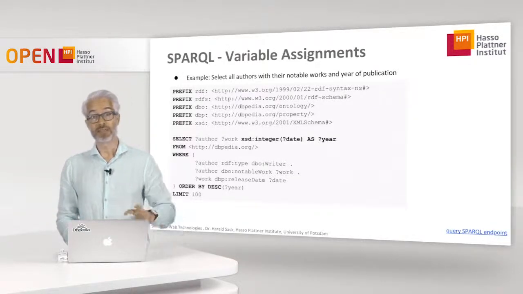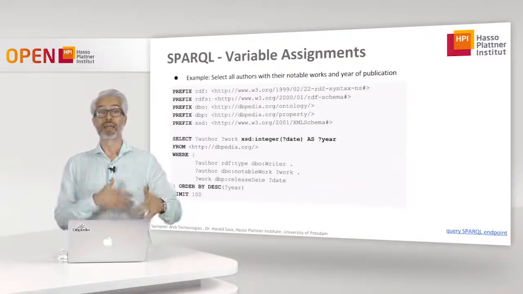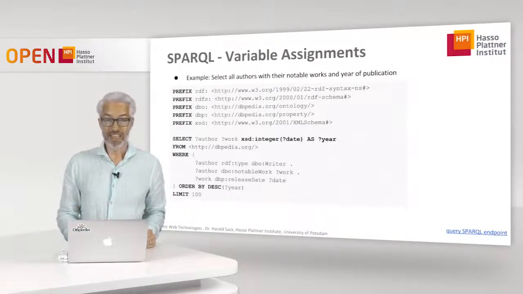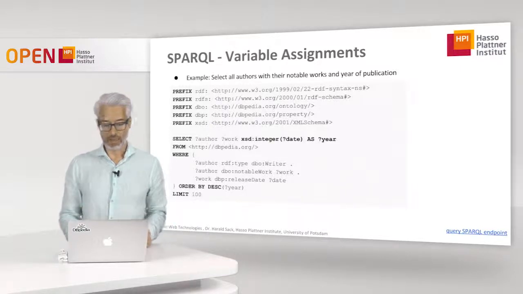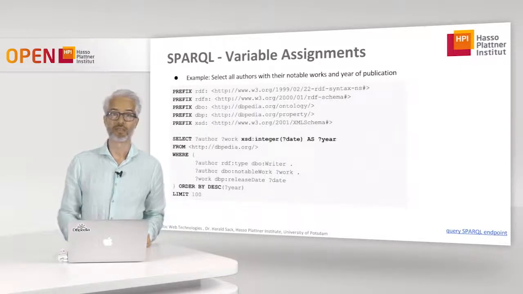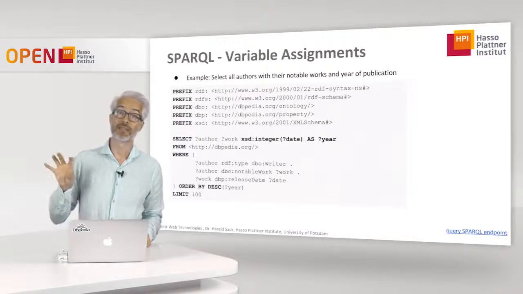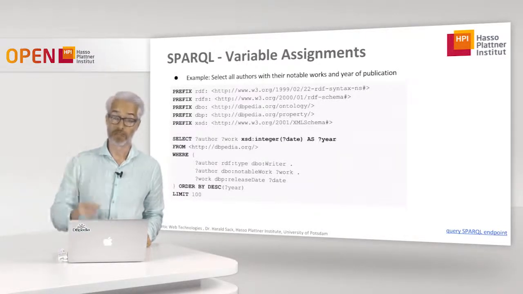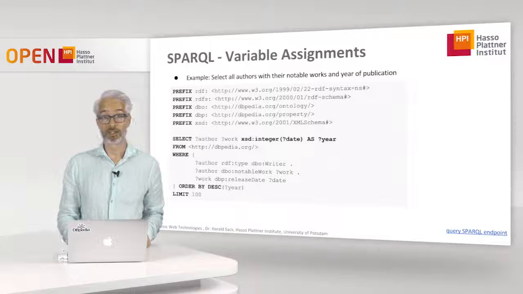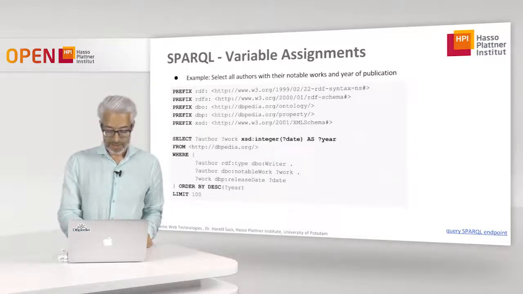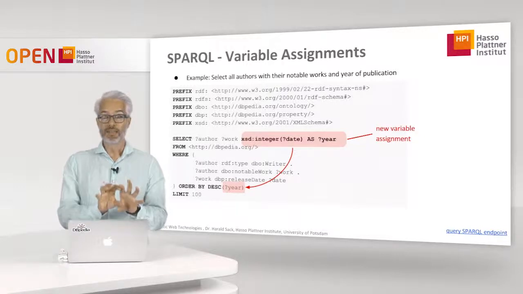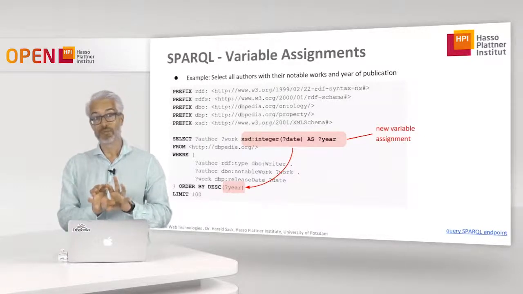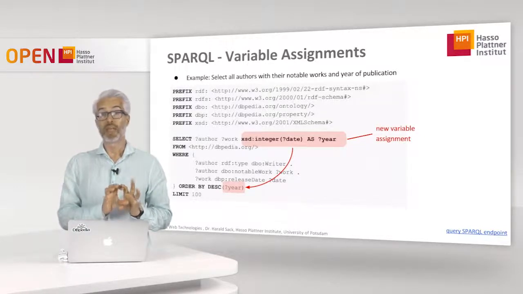So if there is a time span, for example, which contains some characters that are not numbers, they will be excluded by simply converting this to an integer, because then only the numbers are extracted from this expression. The new thing that you see here is, from this type conversion expression, we create a new variable. So we do a new variable assignment.